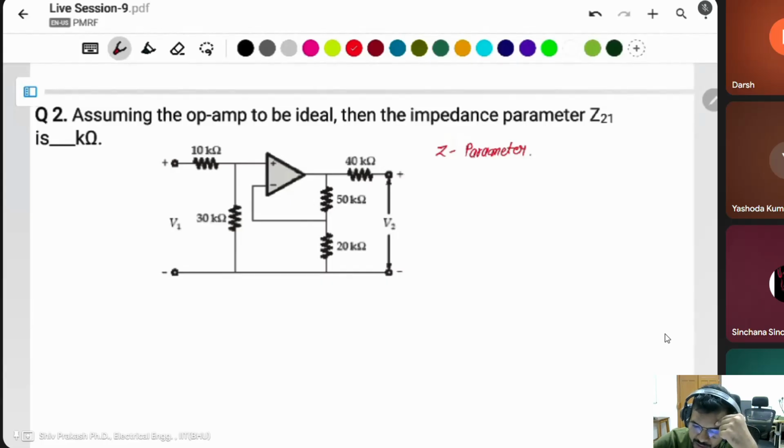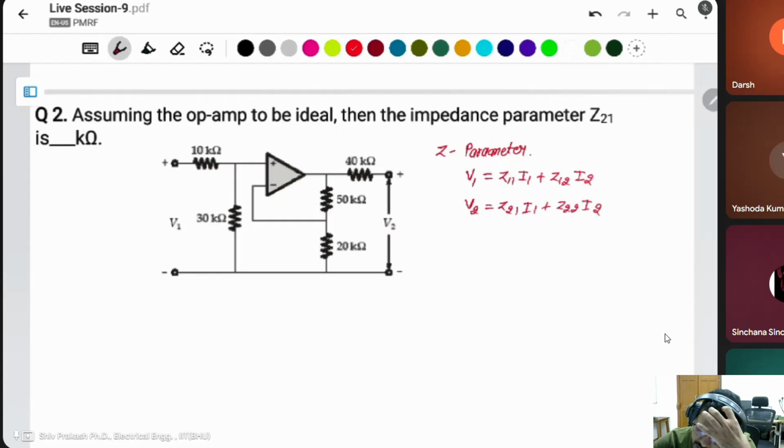If you want to find the Z parameter, you should know the equations: V1 equals Z11 I1 plus Z12 I2, and V2 will be Z21 I1 plus Z22 I2.